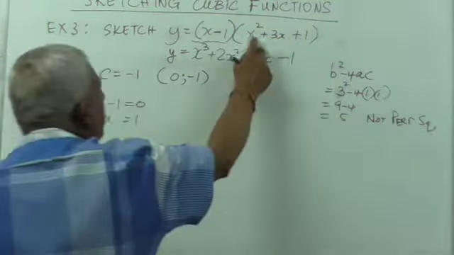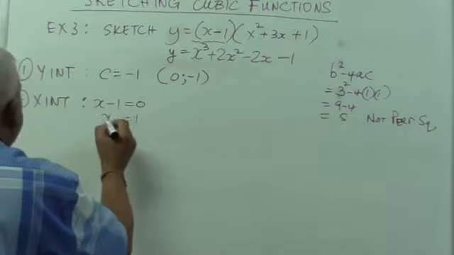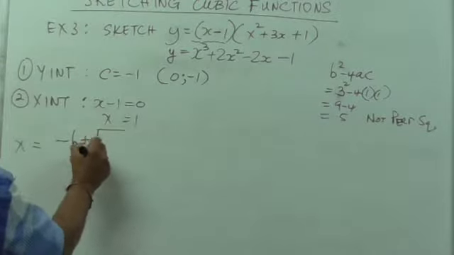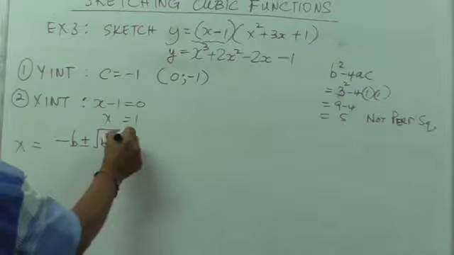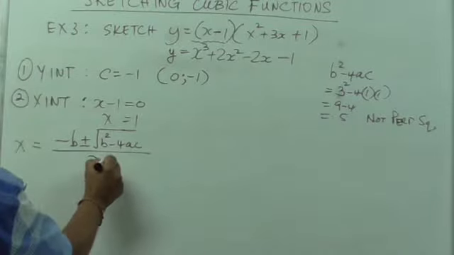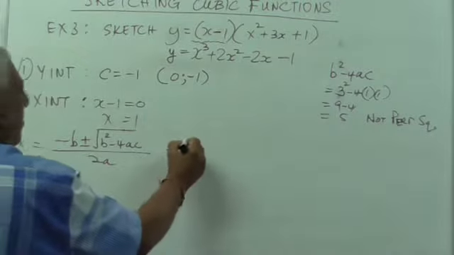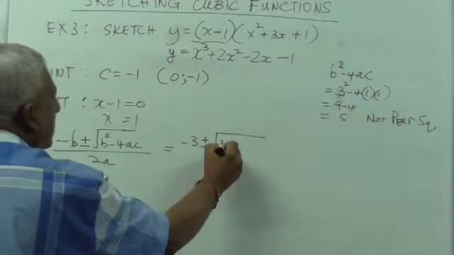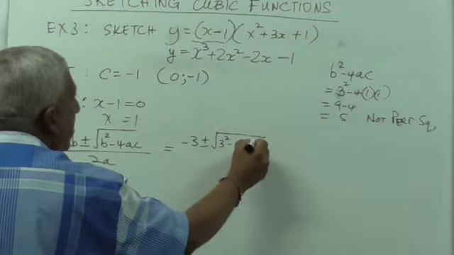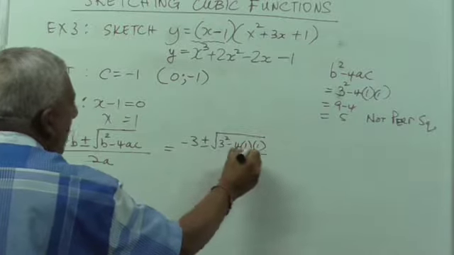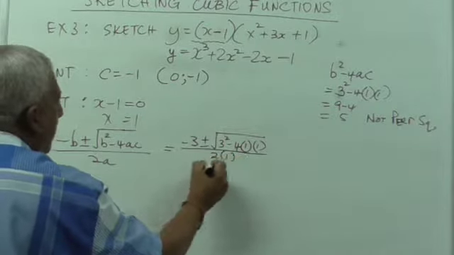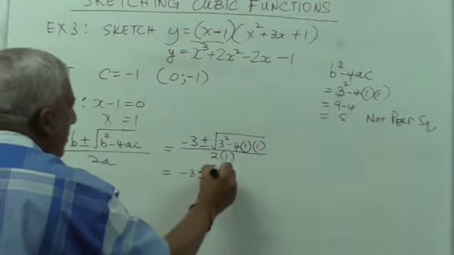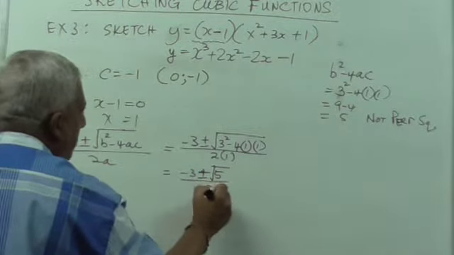So if you're using the formula on this, then you're going to say, well, x is equal to minus b plus or minus the square root of b squared minus 4ac, all over 2a, which will give you minus 3 plus or minus the square root of 3 squared minus 4 into a into c, all over 2 times a, and that will become minus 3 plus or minus the square root of 5 all over 2.